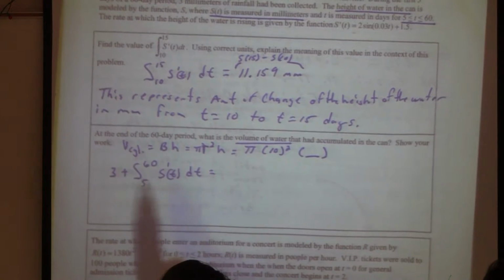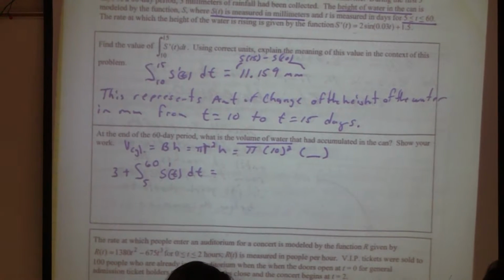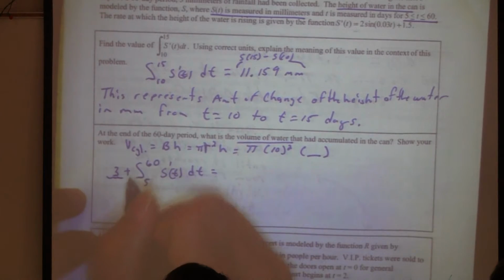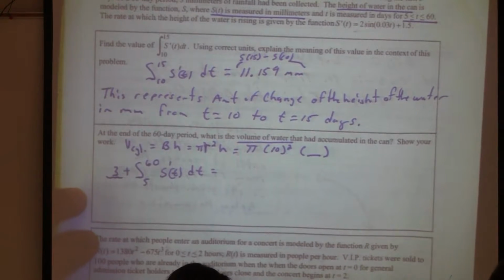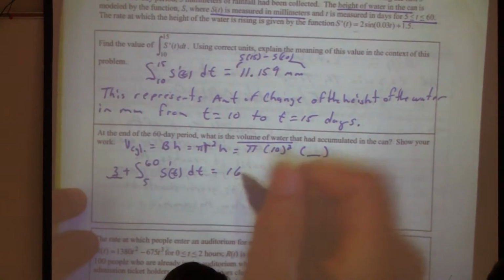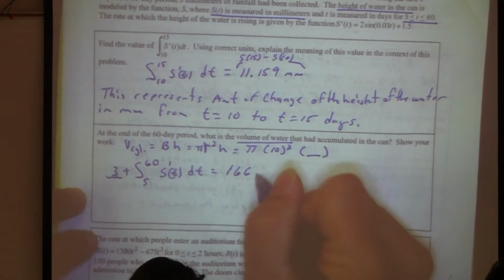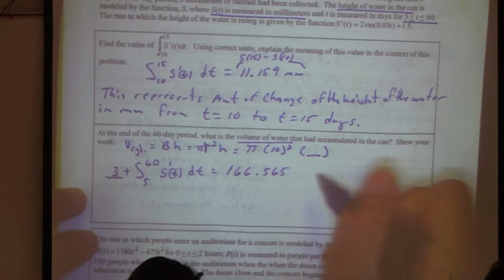So figure this out in your calculator, 3 plus that, and what do we end up with? Do we understand where this 3 came from? 166.565. And what would be my units?